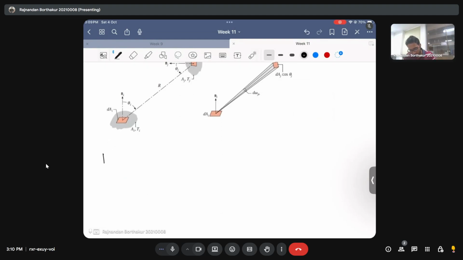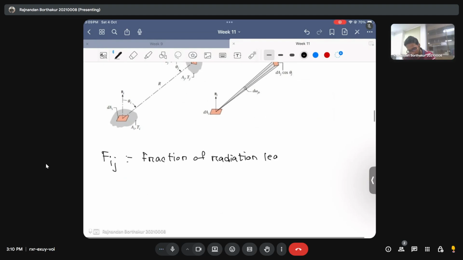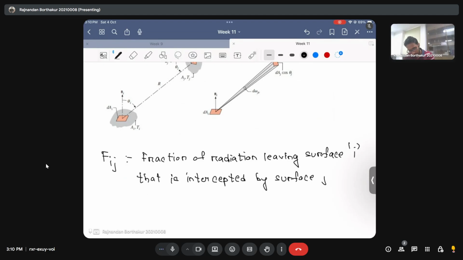The view factor, which we generally call F, is defined as Fij, and this Fij reads the fraction of radiation leaving surface i that is intercepted by surface j.